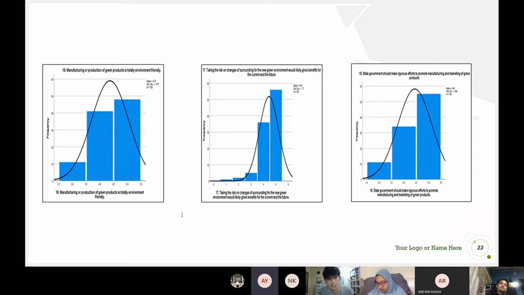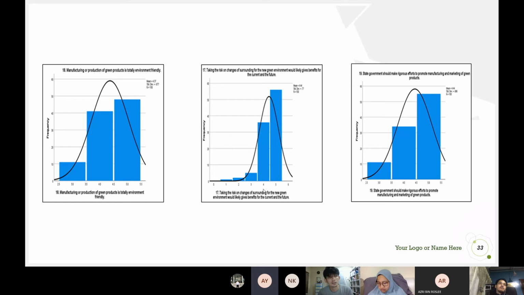The lowest percentage, 11%, is satisfied with it. No respondent voted for strongly disagree on the statement given, and 41% of the respondents voted for agree. This shows that respondents were satisfied and agree with the statement given.